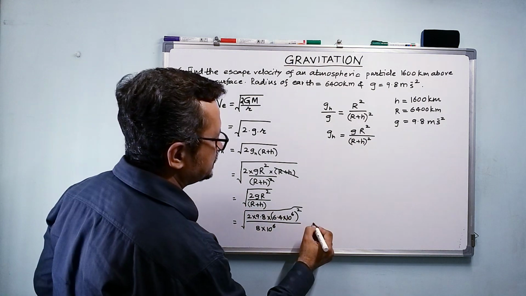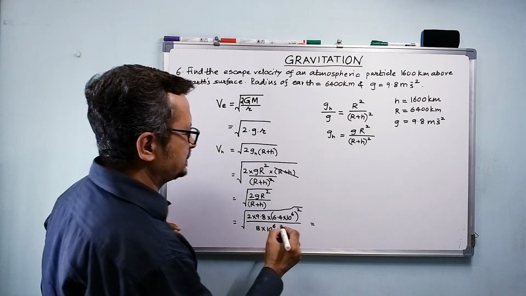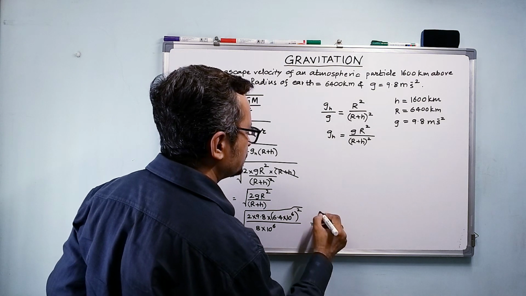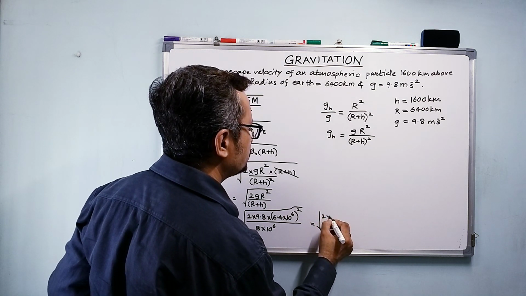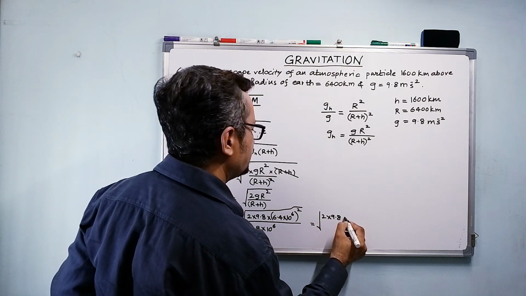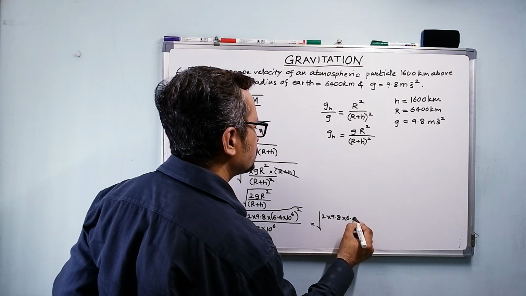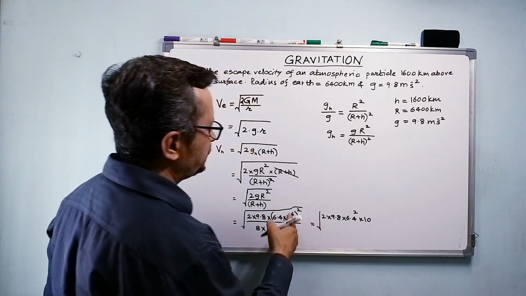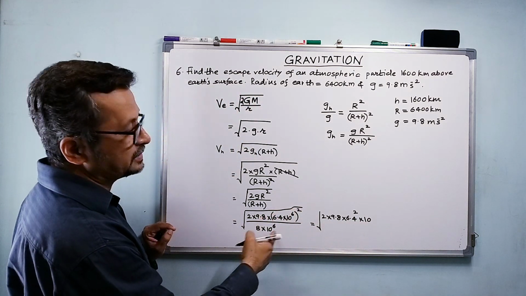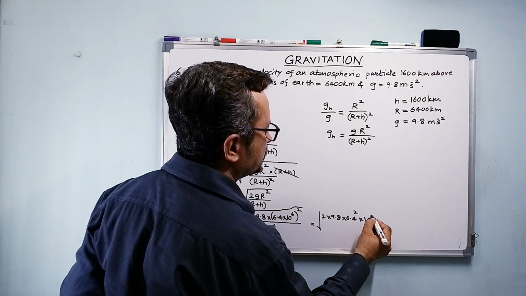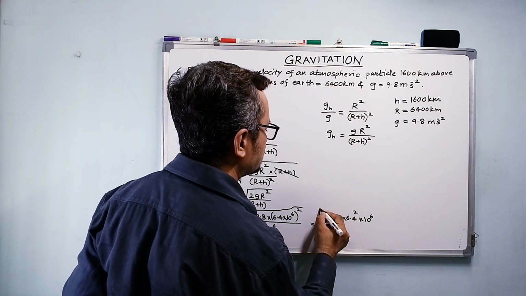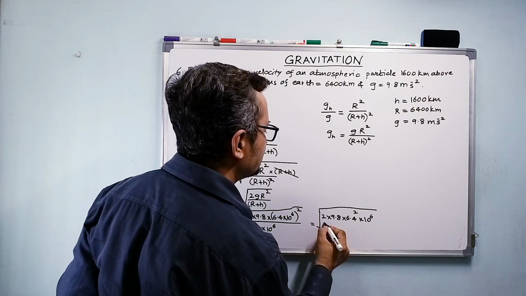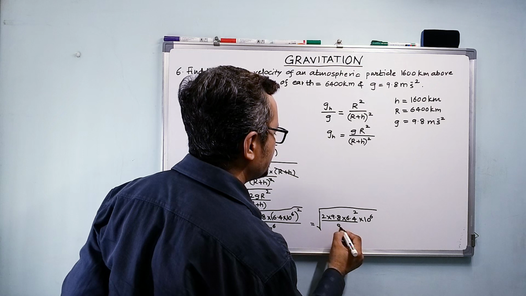So now that is going to get simplified as root over 2 into 9.8 into 6.4 square into 10 raised to power 12 minus 6. So 10 raised to power 6 here, and that divided by 8 here.